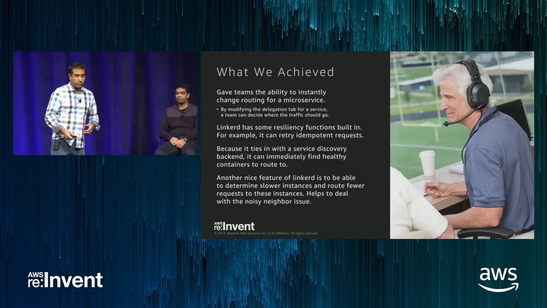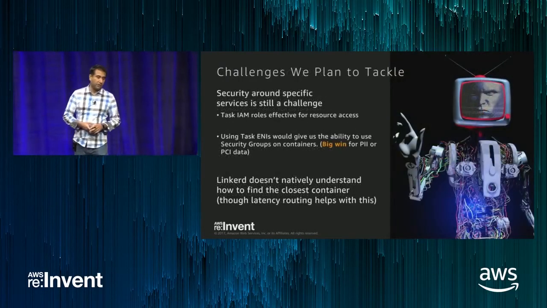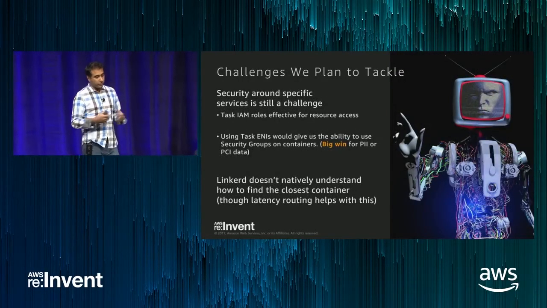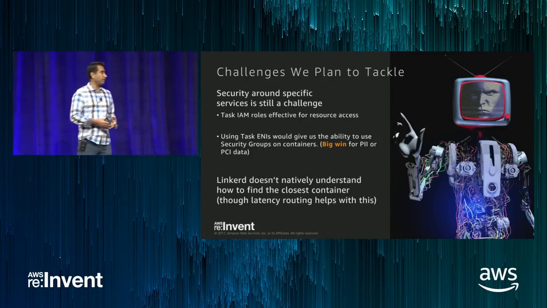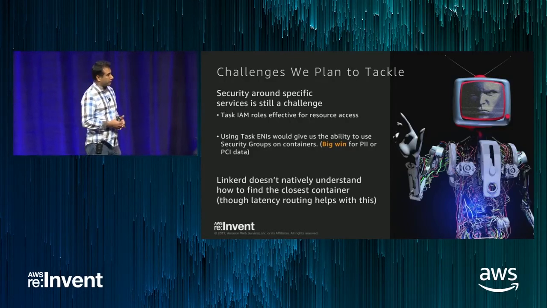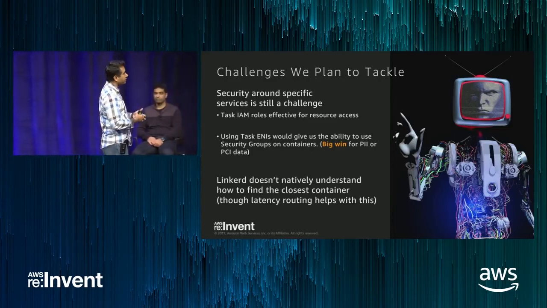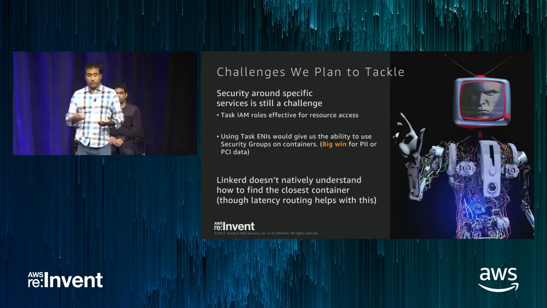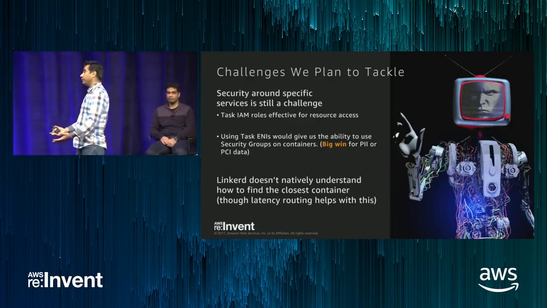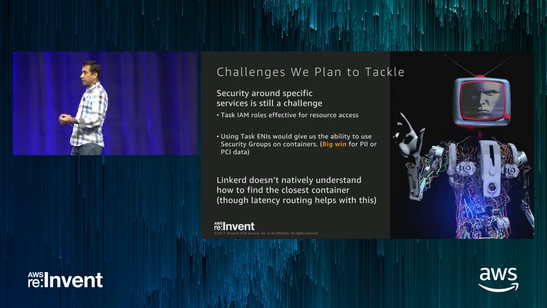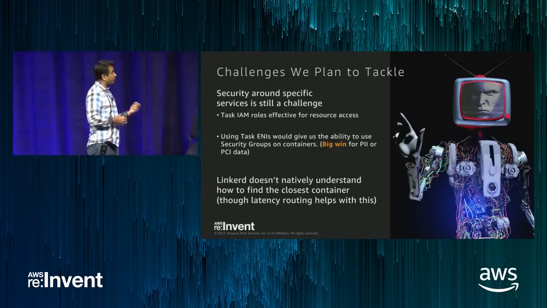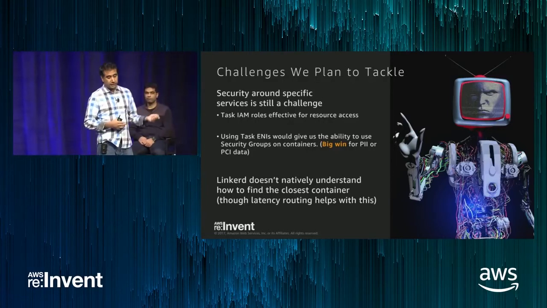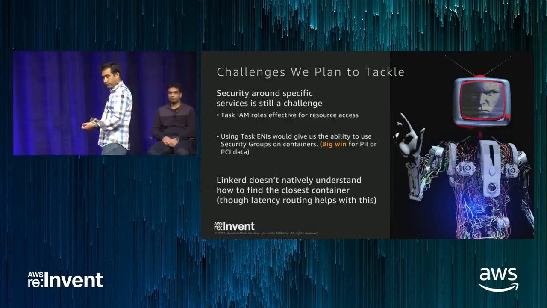It's never a great world because there are always challenges to be solved. So what does the future hold for us in terms of challenges that we plan to tackle? One issue is obviously security. Security is still a challenge in this environment. Task IAM roles are great, but they only take you so far, right? You can limit your exposure to your data sources potentially, like DynamoDB or something like that, but not necessarily to other services, right?